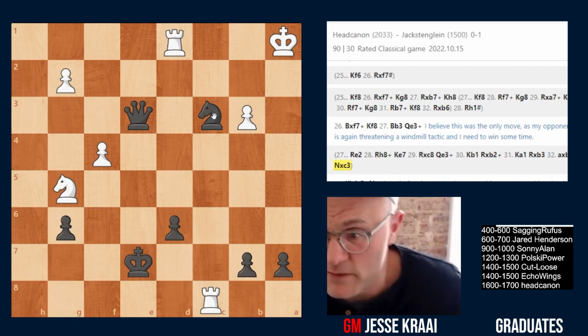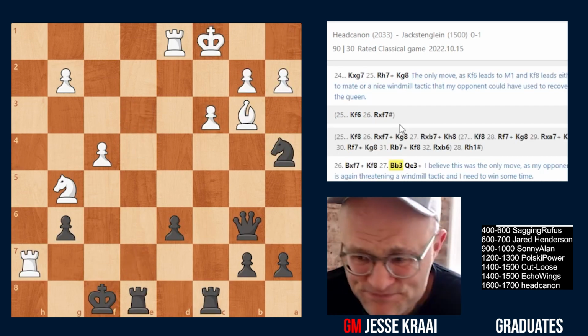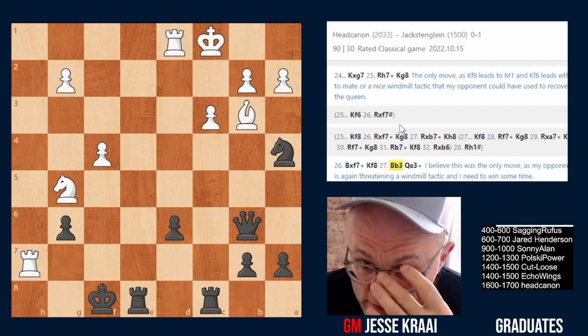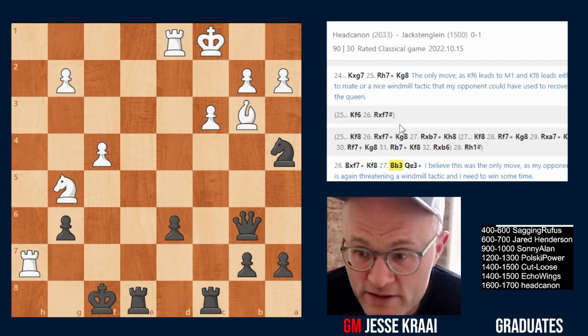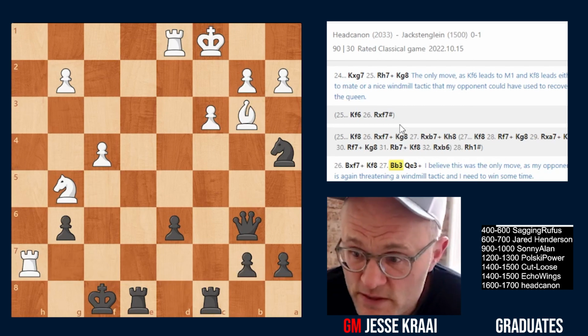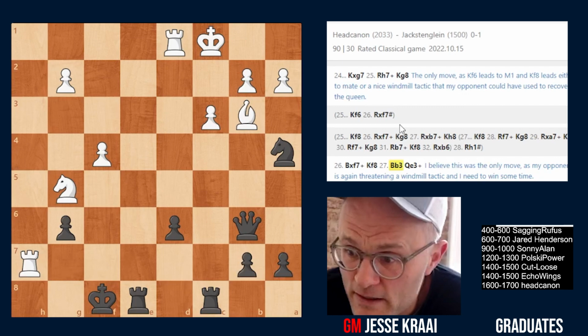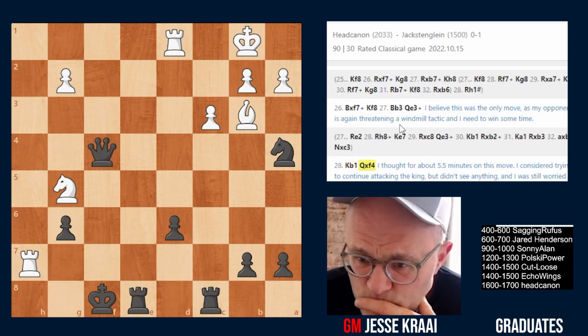But that would be a variation to go over. Again, in these games, I don't want to go over trying to find improvements to the game. Well, we'll look a little bit, give some feedback, but mostly I want to look at places where the annotations themselves could be improved. And definitely here, queen e3, I'm not sure it's your only move. Anyways, we get this crazy situation.